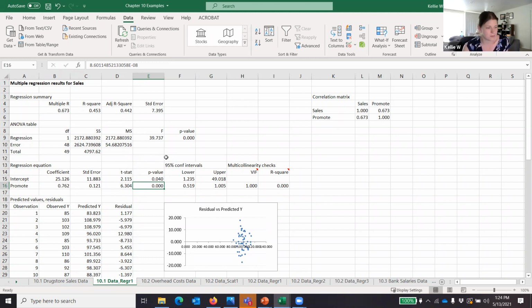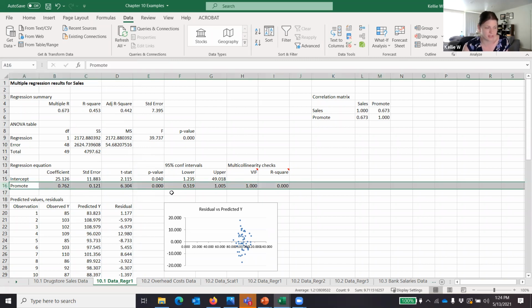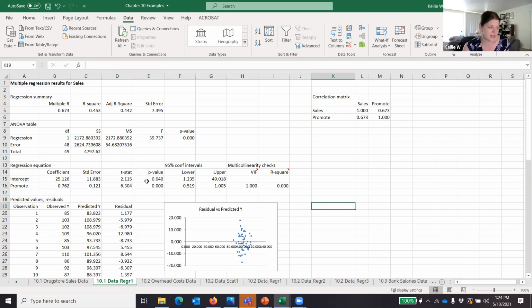So that's something to note when you're doing regression analysis. You always want to check your p-value for your coefficients to make sure that it's significant. If you don't have enough data, sometimes that value will be too high. So you need to collect more data in order to establish whether or not there really is an actual relationship and you didn't just get a value by chance.